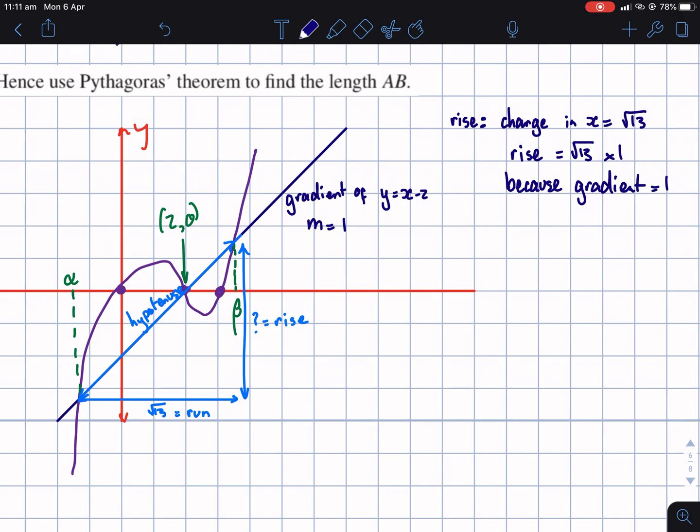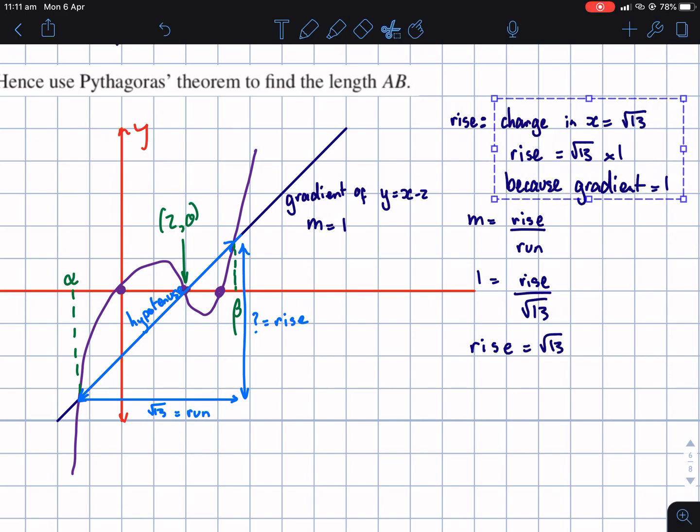Yeah? Because the gradient is rise over run. So 1 equals the rise over root 13. So rise equals root 13.